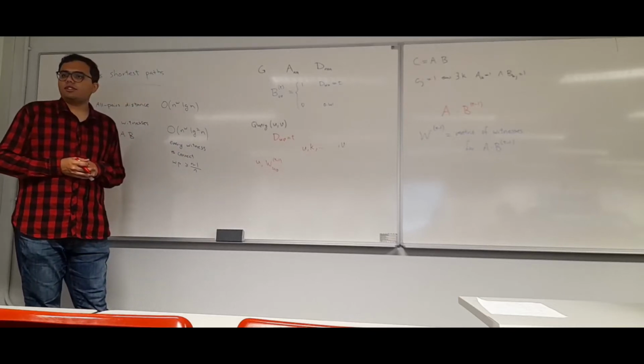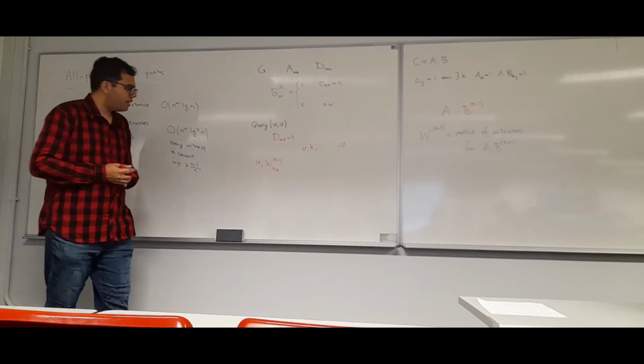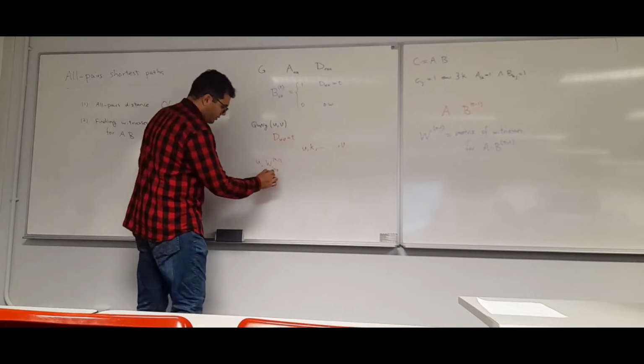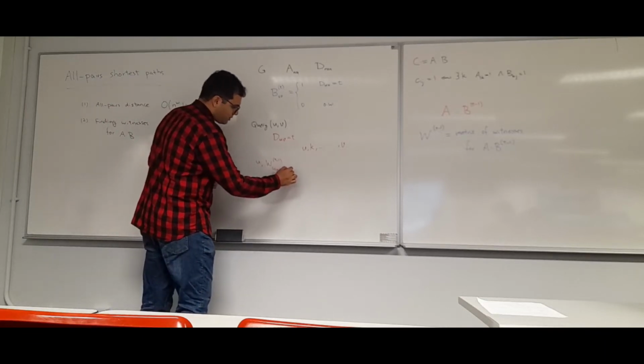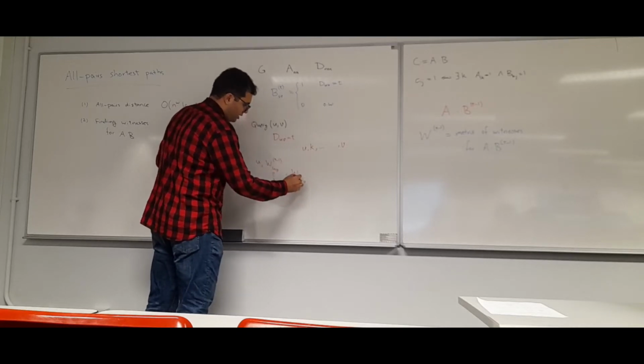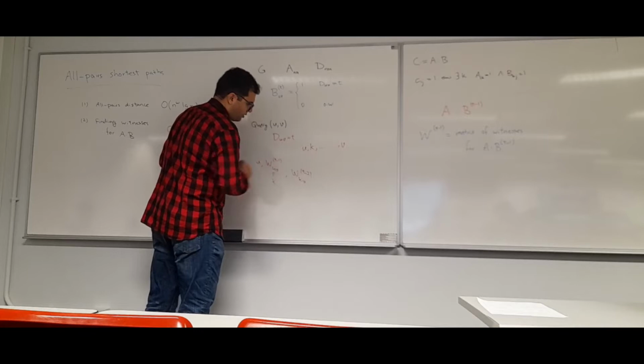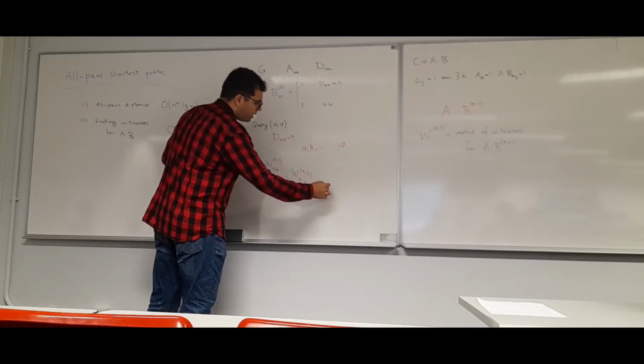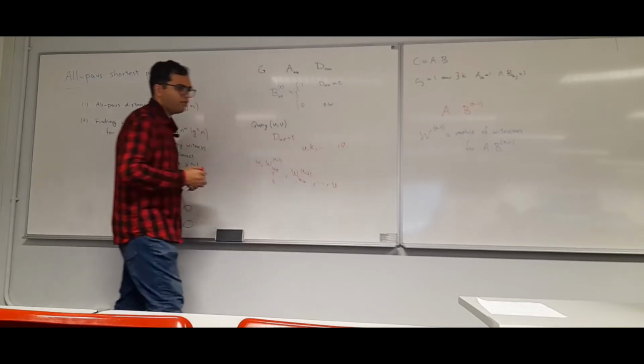And then I can just continue this, right? So again, if this was K, then the next one is just going to be W_{t-2} of KV, with index t minus 2, and so on. And I continue this until I get to V.